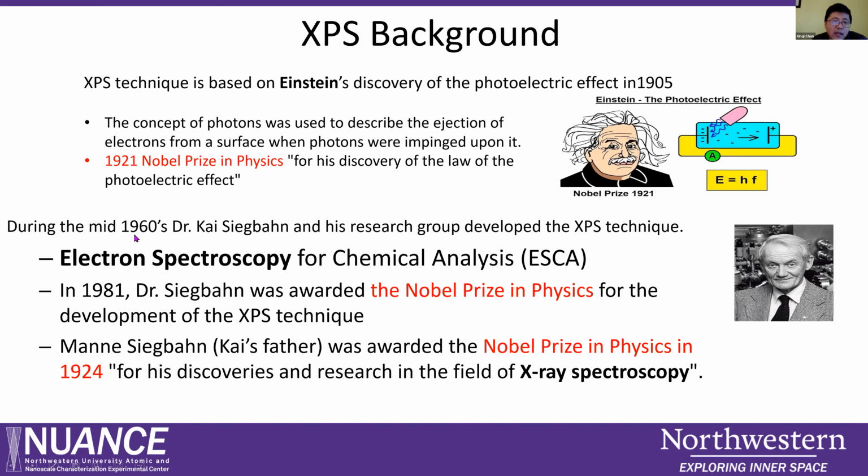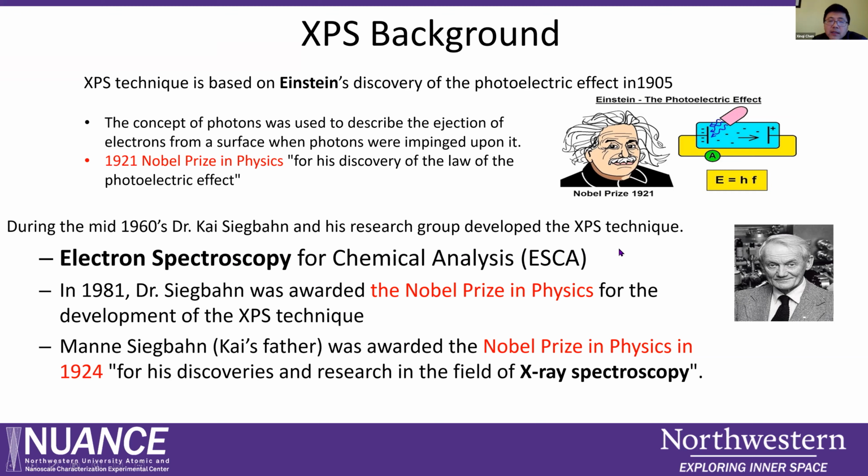But in the 1960s, Dr. Kai Siegbahn in Sweden developed the XPS technique. Basically, you have to have a realistic electron analyzer to analyze what energy the electrons left with, and then build the vacuum and also the actual source.